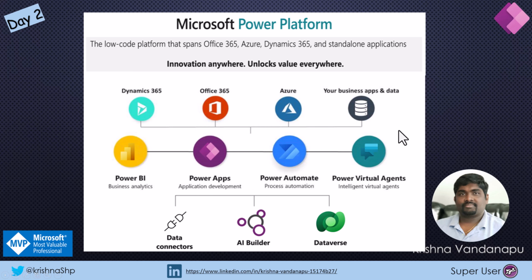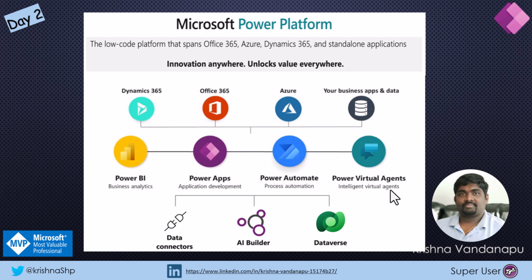Next comes the UI or interactive layer, which is Power BI, Power Apps, Power Automate, Power Virtual Agent. As the name says, Power BI is a business analytics layer, Power Apps is application development, Power Automate is process automation, and Virtual Agent is intelligent virtual agents, which we already discussed yesterday.